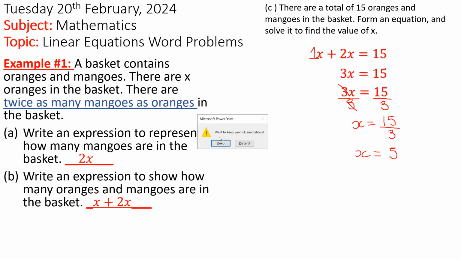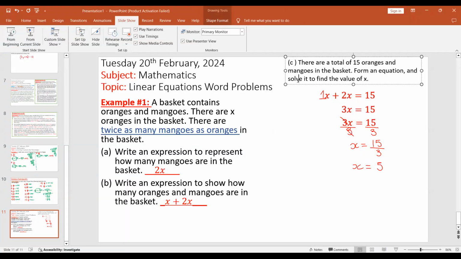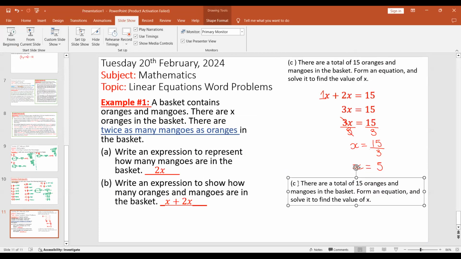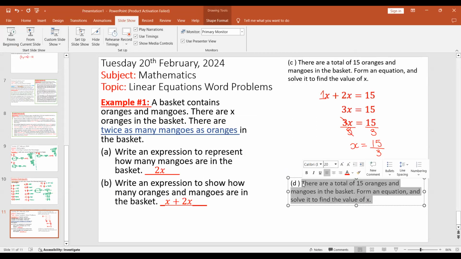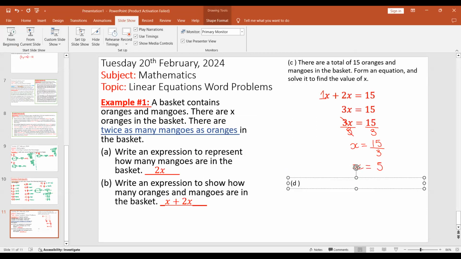So one more question, which is part D: how many mangoes are in the basket?